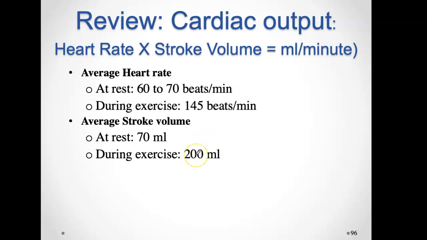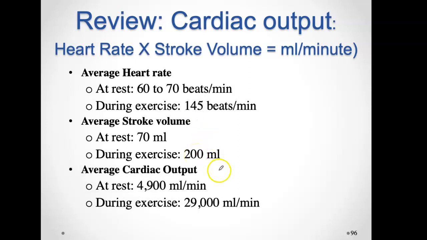So the average cardiac output at rest is almost 5 liters, and during exercise it would be 29. So this is 4.9 or 5, and this is 29 liters, or 29,000 milliliters.